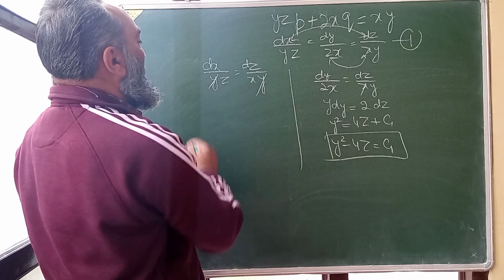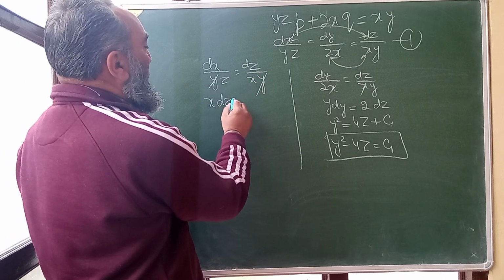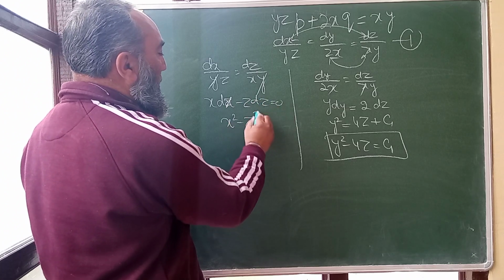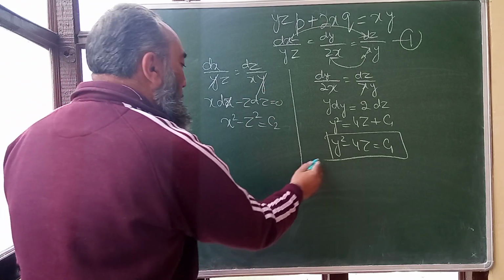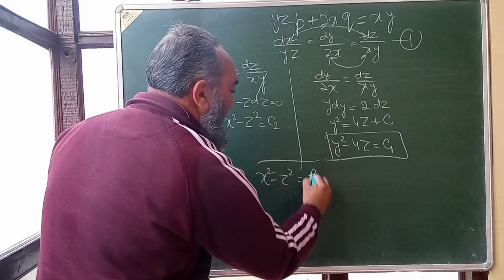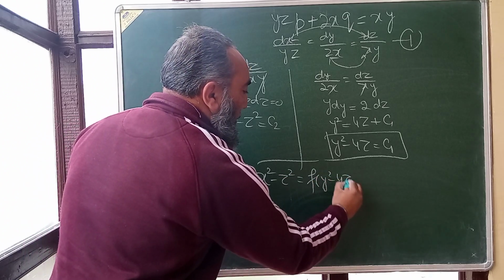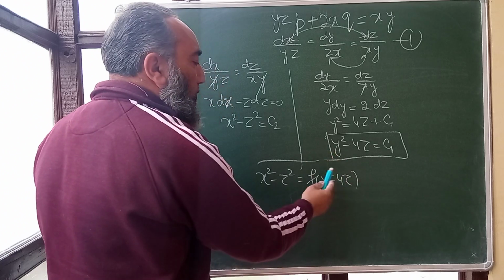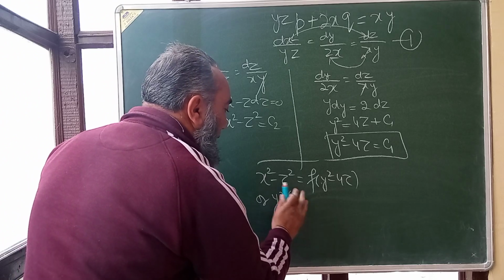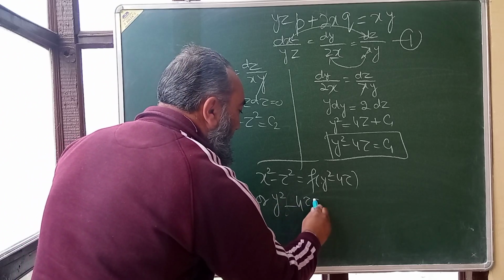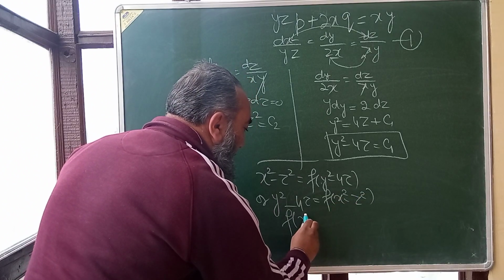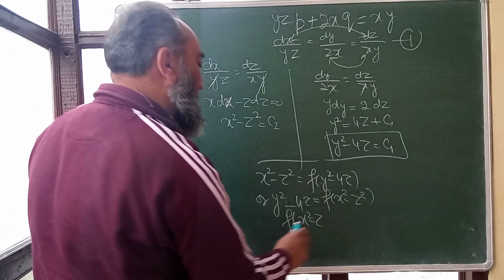Y cancels out. This is x dx minus z dz equals 0, or x square minus z square equals c2. So the solution is x square minus z square as a function of y square minus 4z, or vice versa: y square minus 4z as a function of x square minus z square.